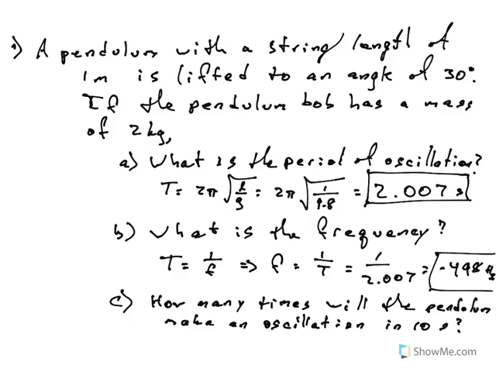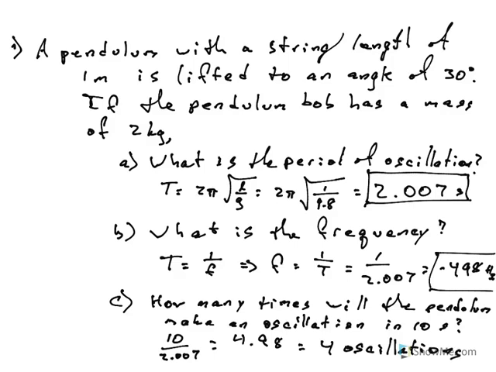The period means how many seconds it takes to make one oscillation. So if we know it takes 2 seconds to make an oscillation, and we want to know how many oscillations it will do in 10 seconds, then we just say 10 seconds divided by the period, which is 2.007, and we get that this pendulum will make 4.98, so we have to say 4 oscillations.